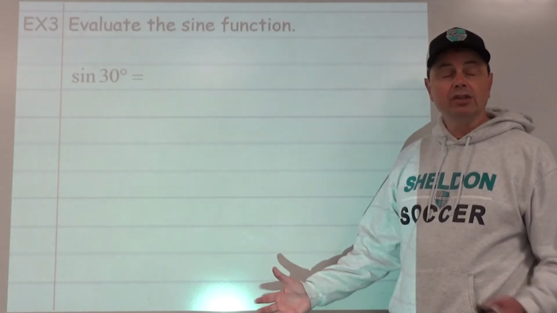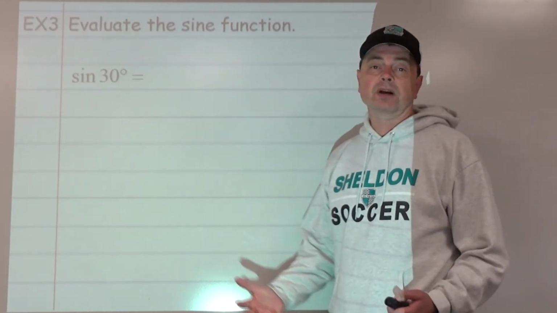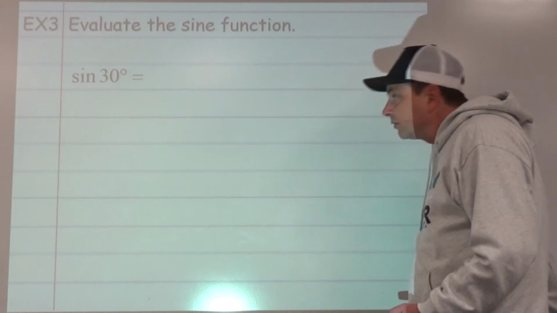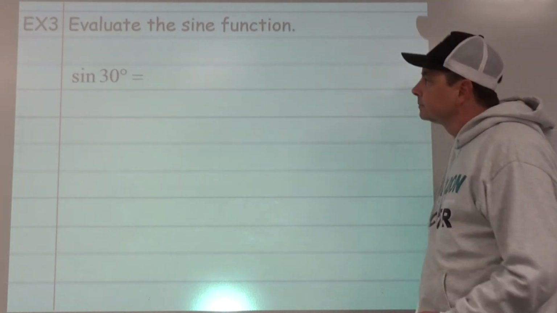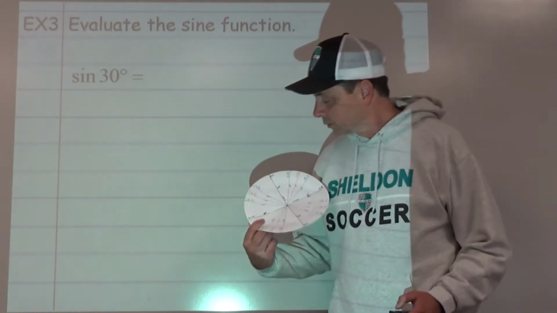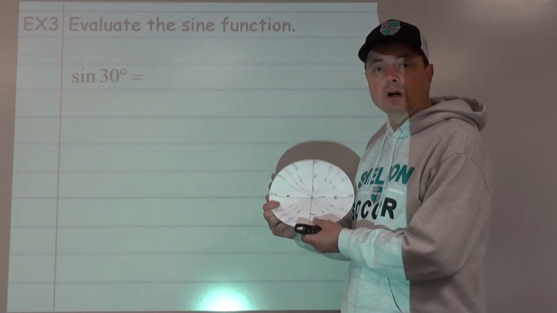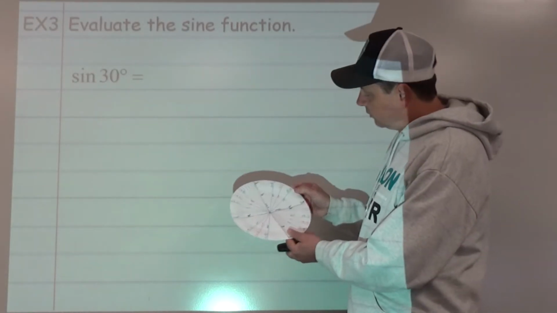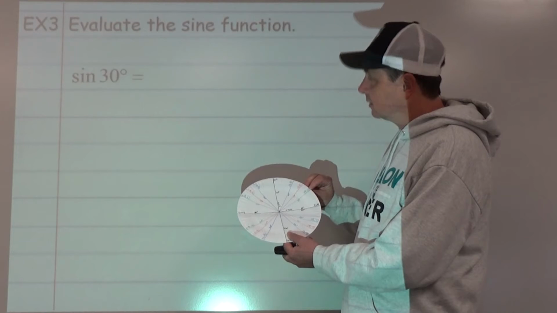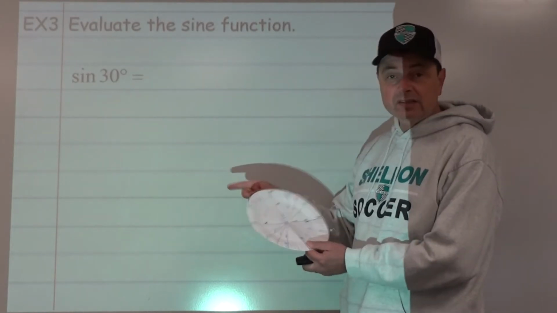So what about some of our key angles, like the sine of 30 degrees? According to our paper plate unit circle, we go to 30 degrees, and sine is the y coordinate.